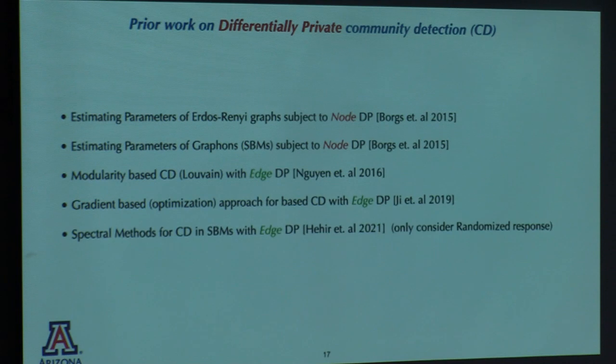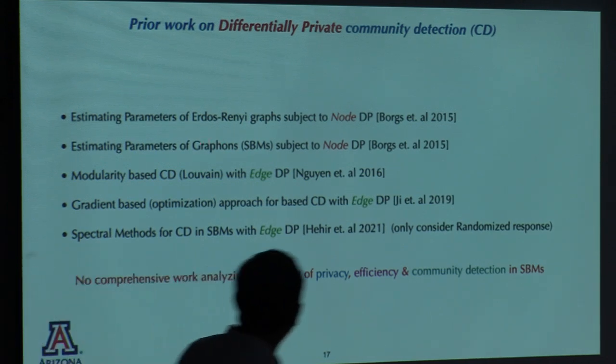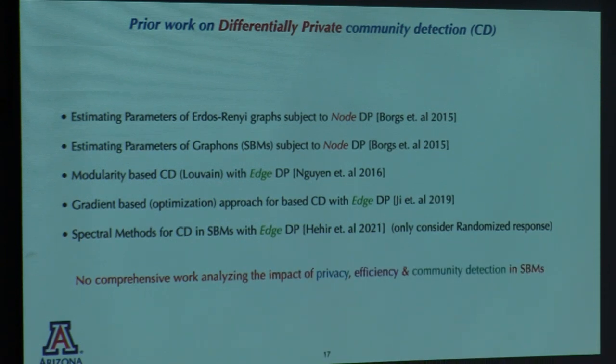Skip this slide. There is some prior work on differentially private community detection. It's not like we are the first ones to think of this problem. People have studied Erdős-Rényi graphs and estimating parameters of Erdős-Rényi graphs subject to node privacy. People have studied modularity-based community detection with edge differential privacy, some gradient-based methods for community detection, also under edge differential privacy.